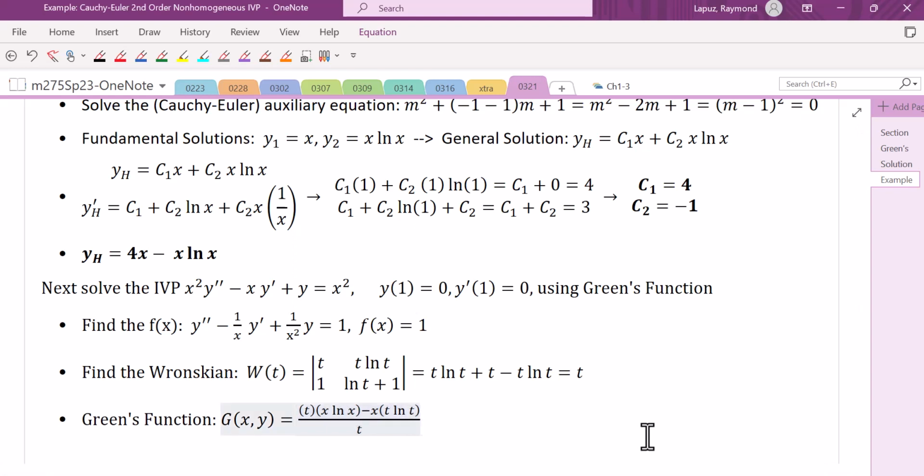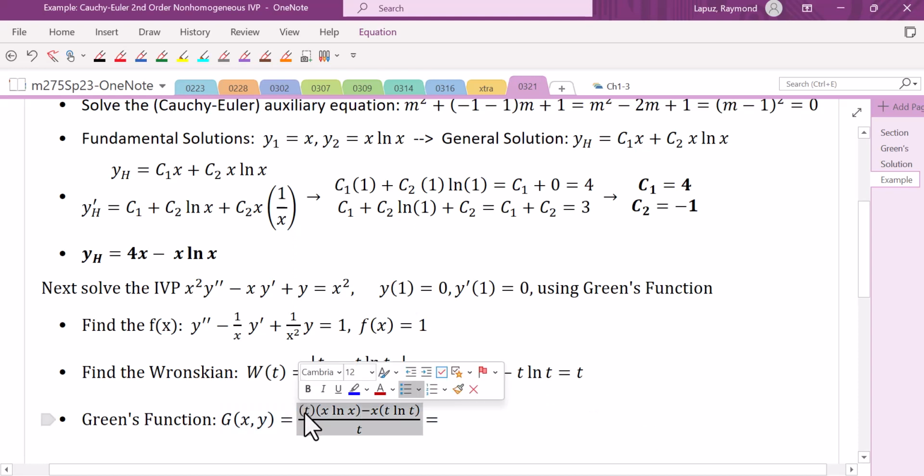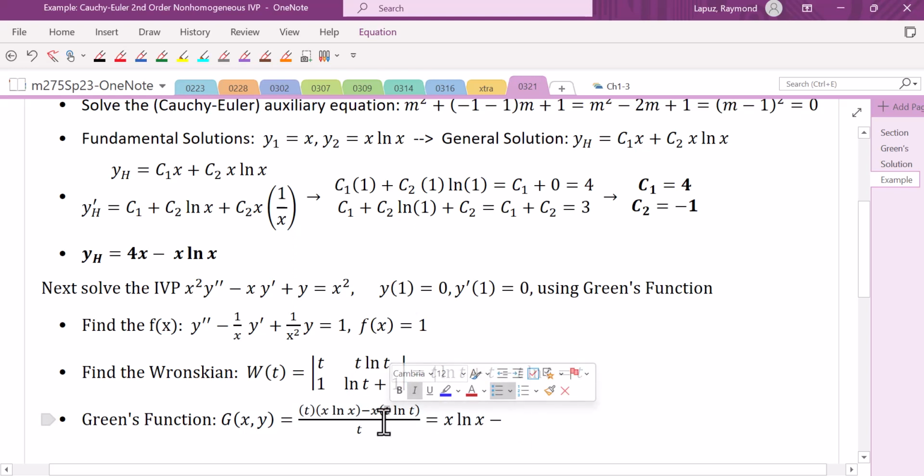All right, now I think we'll see that there's a couple of t's that would cancel, one for each term, and then the t in the denominator would be gone, so that would leave us with just the ln x for the first term minus, and then this t in the second term will go away, so this is going to be x ln t. So that's Green's function.